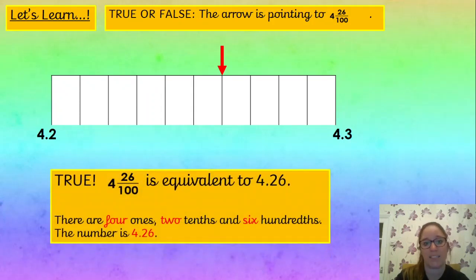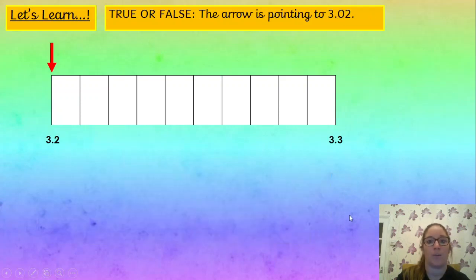Yes, it is. It's equivalent. Okay, so there are 4 ones, 2/10 and 6/100. So the number is 4.26. Okay, so this 4 here tells us we've got 4 wholes, like this fraction, and the 26 tells us we've got 26 pieces out of 100.